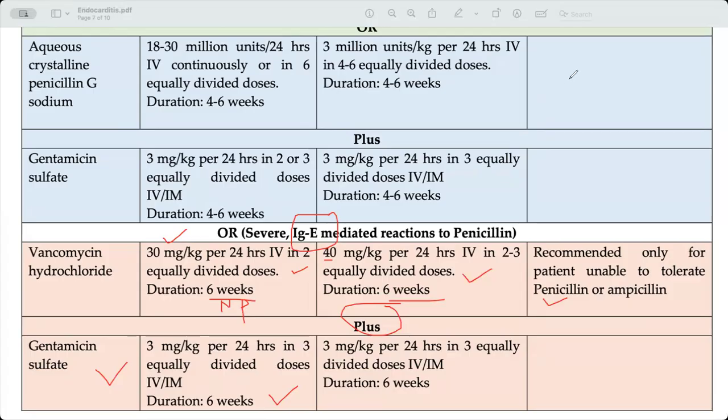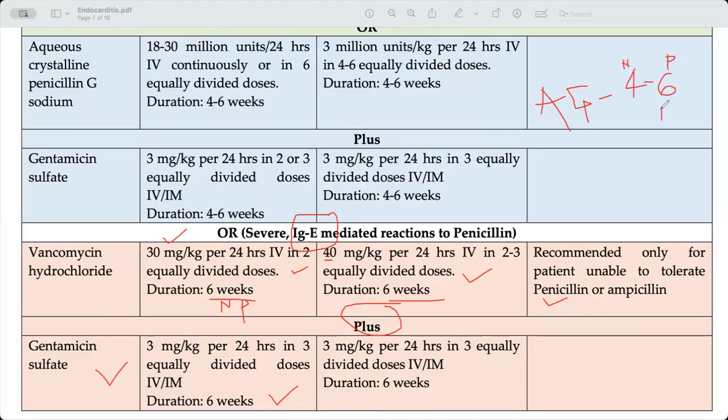So if the patient has a native valve or prosthetic valve, the first choice of drug is ampicillin, and then we need to add gentamicin. And the duration of therapy here, if we are using ampicillin, may be 4 to 6 weeks and depends on the symptoms. For native valve, we will use 4-week therapy, and for prosthetic valve, we will use 6 weeks therapy.